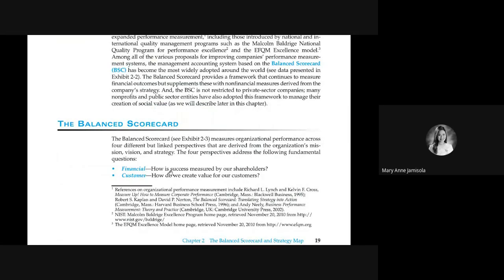So this is where we would ask ourselves, how is success measured by our shareholders in terms of money? Okay, because this is financial, this refers to money. So how is success measured by our shareholders? Is success measured by our income, by our revenues, and so on. Okay, so this is more on the monetary aspect.